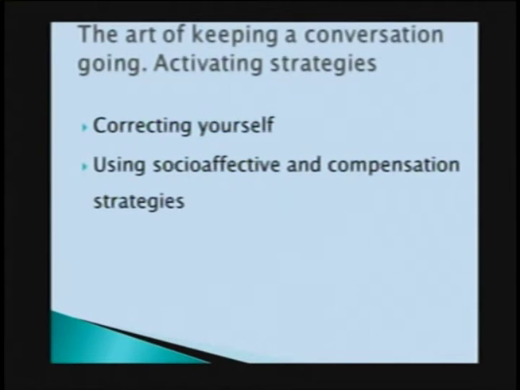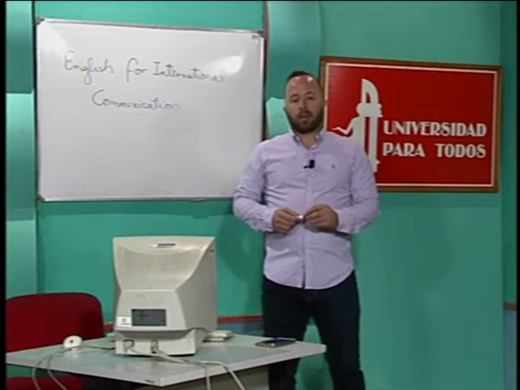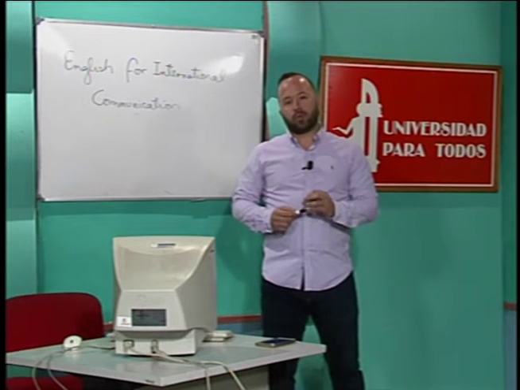And we're going to be working on socio-affective and compensation strategies. So what do you say in a nicer way? Sometimes we use expressions that are too harsh on people, and sometimes we might lose a message in communication. So, the first objective that we're going to work on in today's lesson is how to correct yourself.